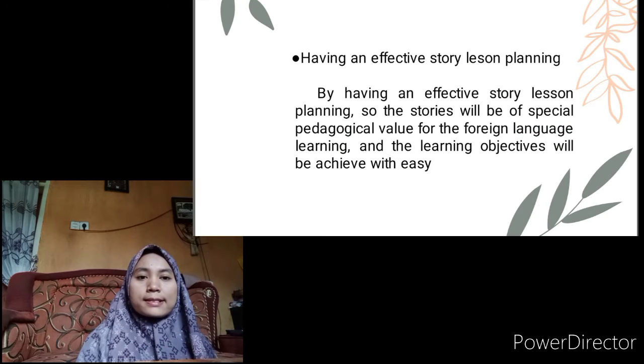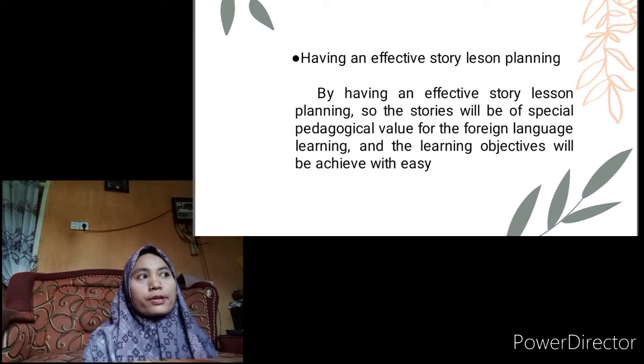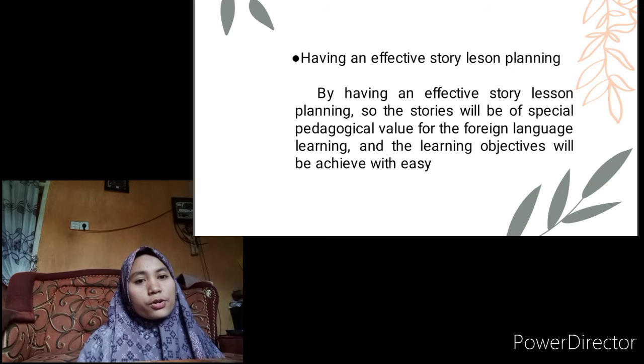Okay, next let's come to the second point. The second point is having an effective story lesson planning. It means that by having an effective story lesson planning, the stories will be of special pedagogical value for foreign language learning, and the learning objective will be achieved with ease.